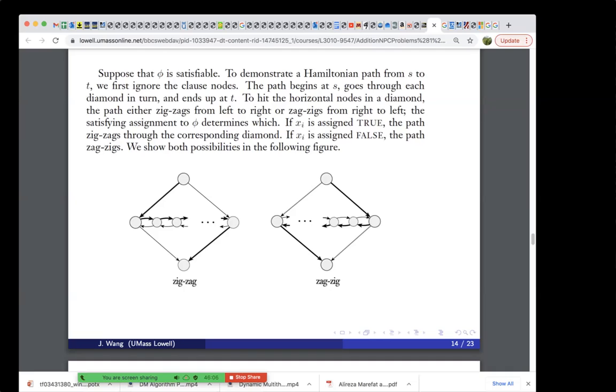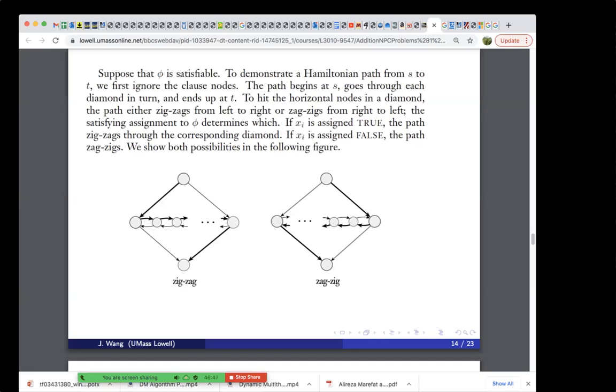There must be at least 1 literal that is assigned true. Okay, the rest may be assigned true or maybe assigned false, but there must be at least 1 that's assigned true. So that one is the literal. Then let's just look at whether it's in the original form of the variable or the complement of it, and then you know whether you pick zig or zag for that variable to work. Okay, so that's how we can come up with a Hamiltonian path from S to T.